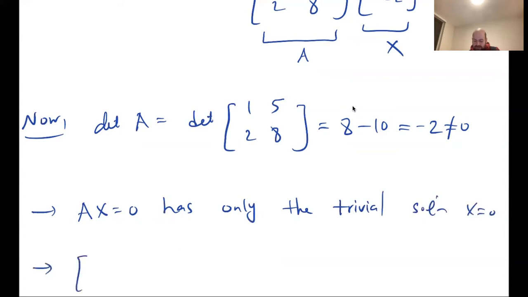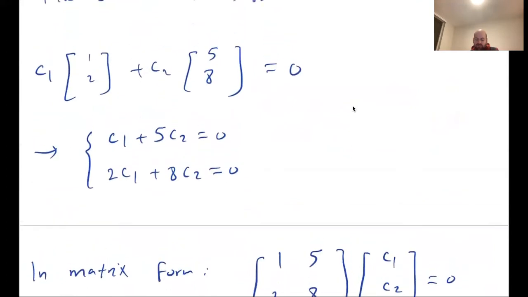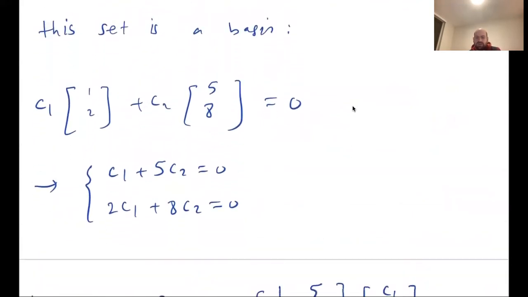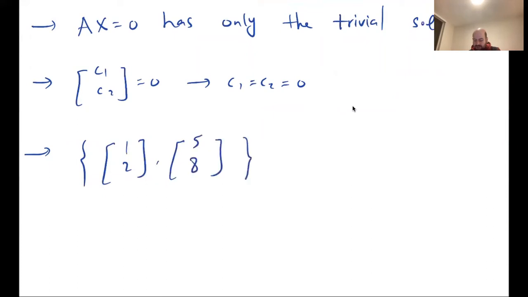That means my X here, (C1, C2), is 0, and that means C1 equals C2 equals 0. So I concluded that both C1 and C2 must be 0, and that means my vectors are linearly independent. (1, 2) and (5, 8) is linearly independent.